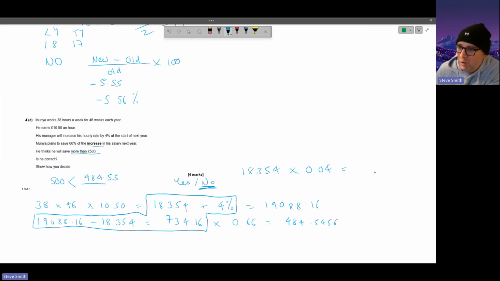We didn't need to know what his actual pay was. We just needed to work out what amount we were working at his increase on. So 734.16, and then we'd have done this part as normal.